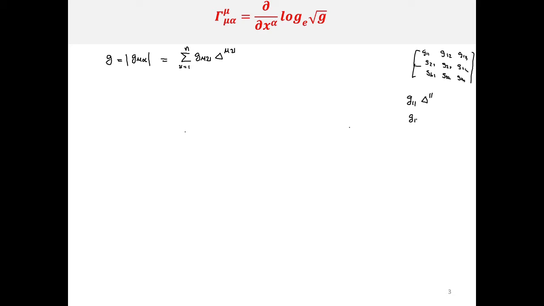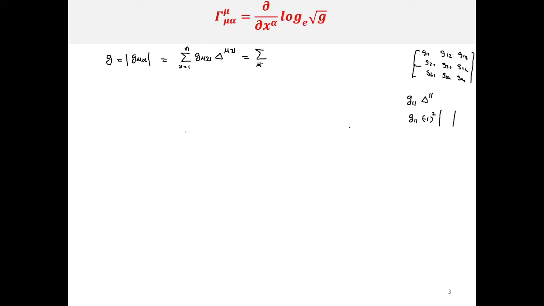Cofactor means minus 1 raised to i plus j, that is minus 1 raised to 2, and you remove this particular row and column, and the remaining is g22, g23, g32, g33. So that is what is written here. Here I have varied the index nu from 1 to n, so I am taking the determinant value row wise. You can also calculate it column wise.